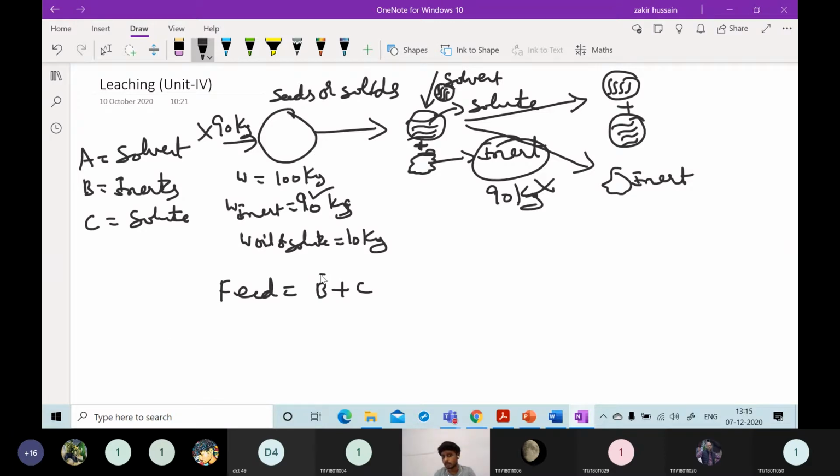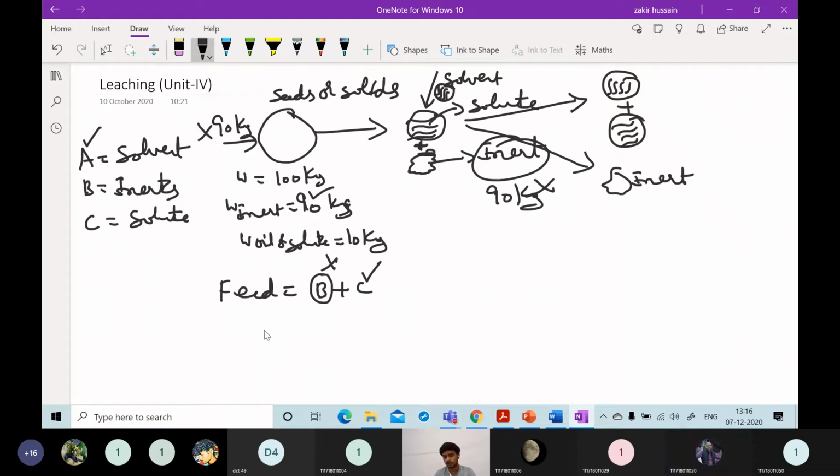But the role of B is very limited. Our concentration is entirely on C and A, then our material balance will be very easy. Otherwise, if we take F equal to B plus C, then the material balance terminology becomes very complicated, and we have to involve many other parameters.